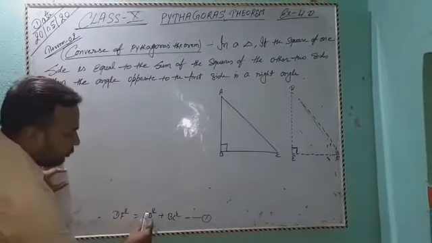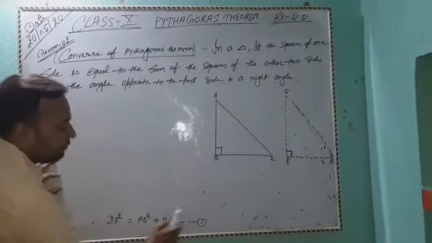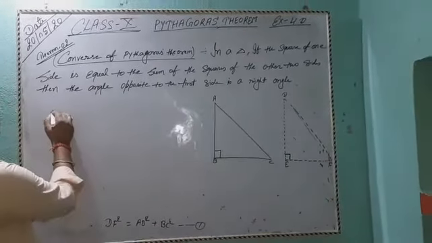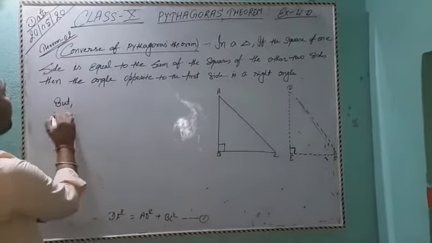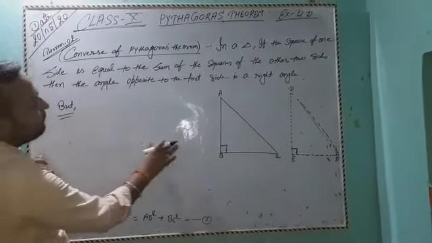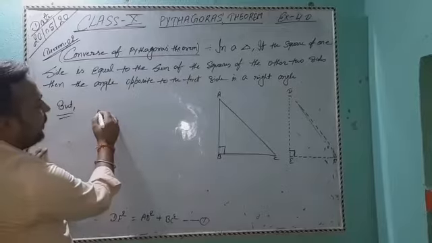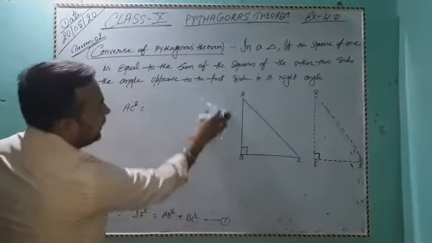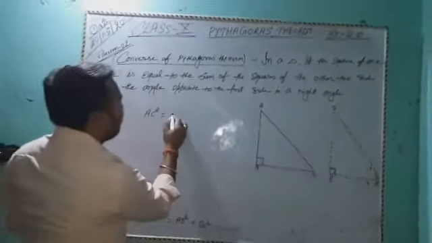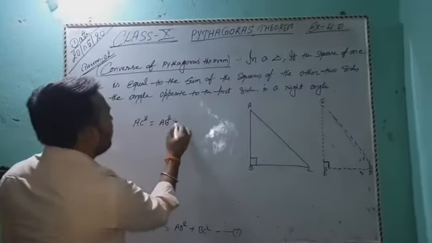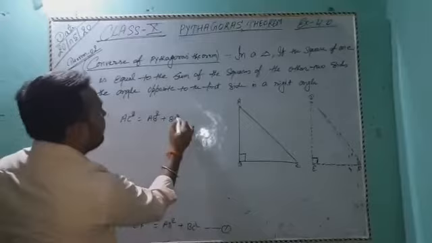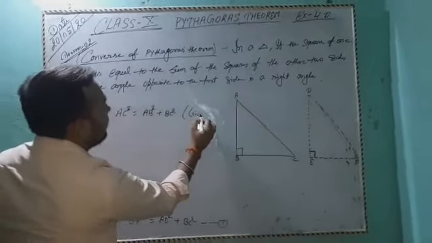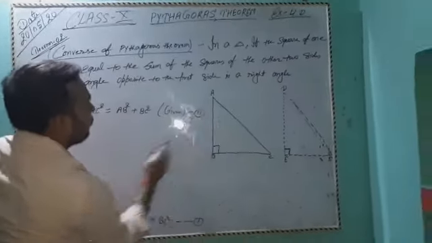DF square equals AB square plus BC square, equation 1. But given AC square equals AB square plus BC square, this is given, equation 2.